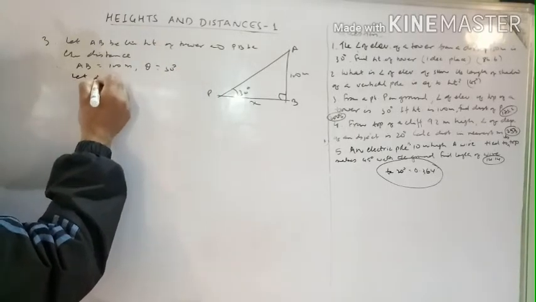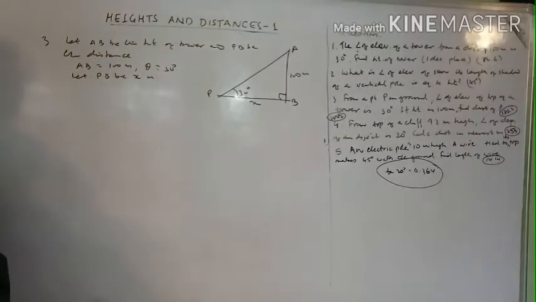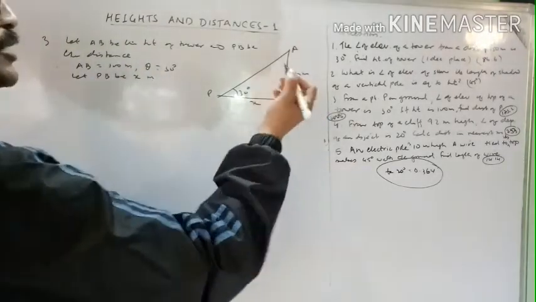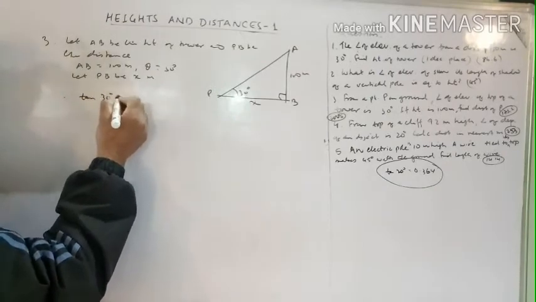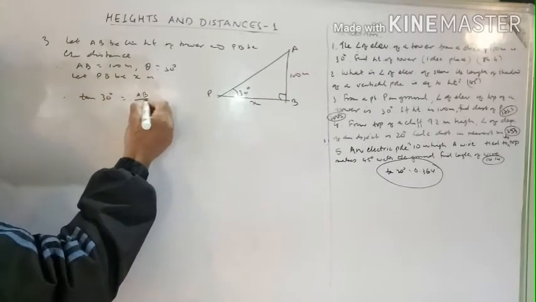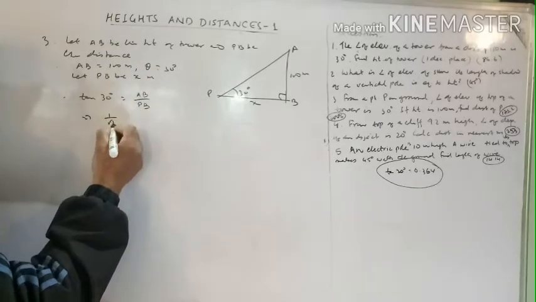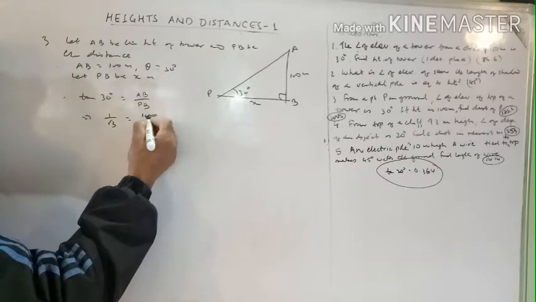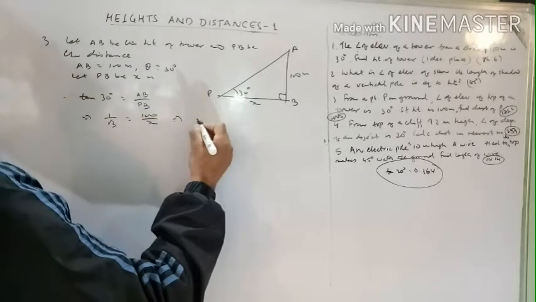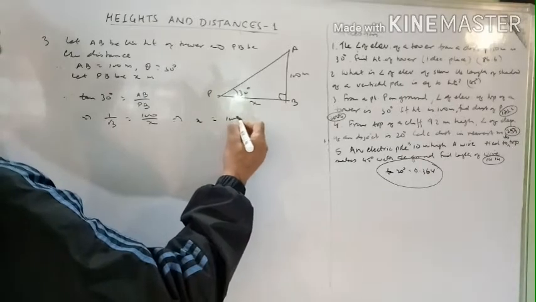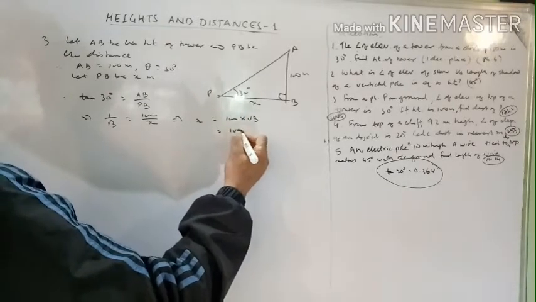So let PB be x meter. Again P and B, so it is tan. So tan 30 degree equal to AB by PB. Tan 30 is 1 by root 3, equal to AB is 100 and PB is x. If you cross multiply, x equals 100 into root 3. Now if you know the value, write directly, otherwise find it from the table.